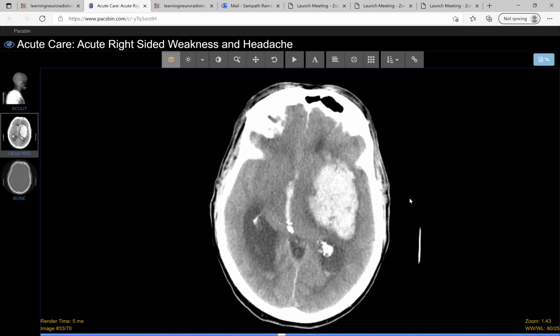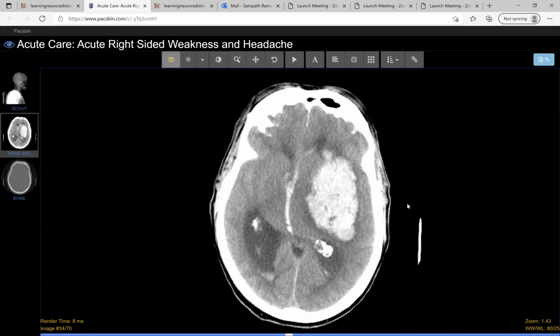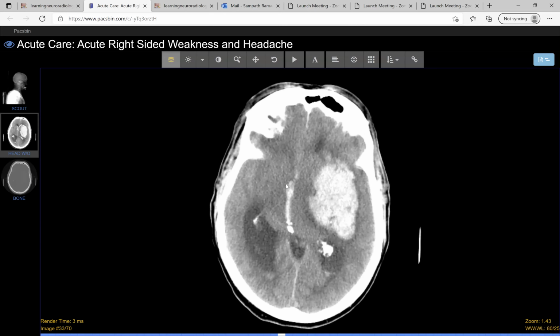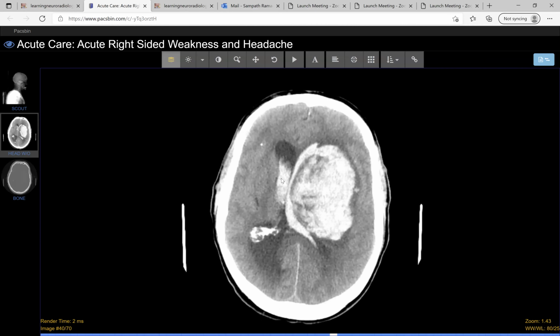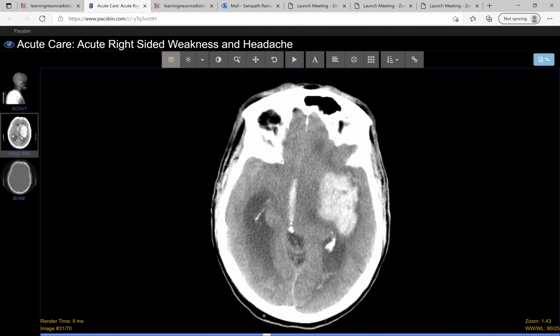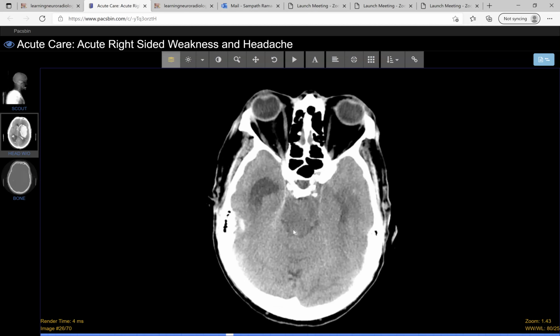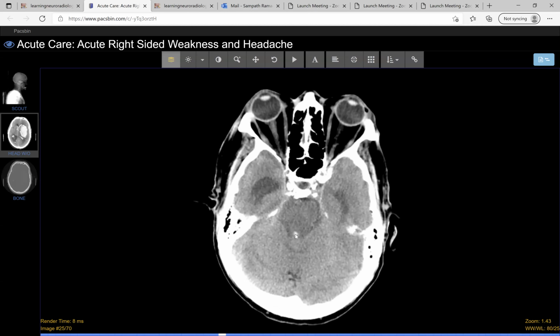Here you can see the blood going through from the lateral ventricle to the third ventricle here, and then down to the cerebral aqueduct. This is your cerebral aqueduct here, and you can see the blood here.